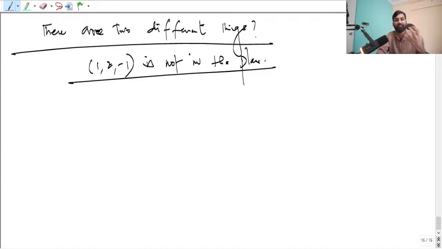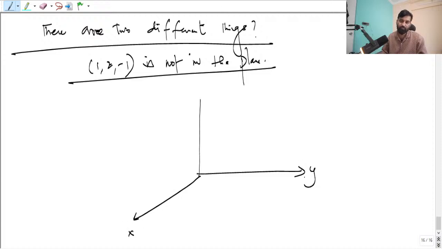So what that tells us is, if I put my vector v at the origin, let me draw the geometrical picture here. x, y, and z, right?